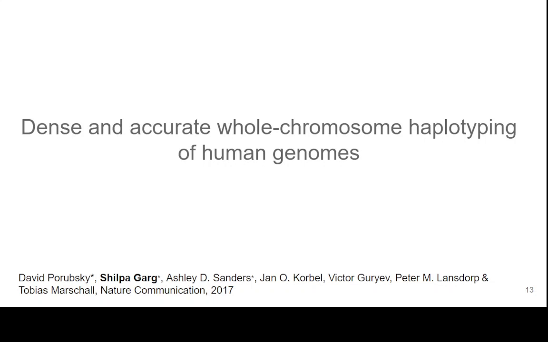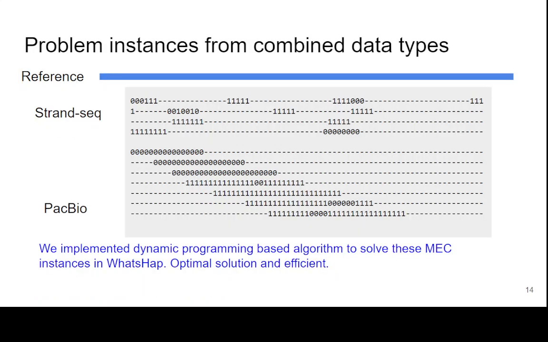So now the next question we ask is how can we get dense and whole chromosome haplotypes of different genomes when we have a reference genome. So imagine we have a reference genome and we align the reads from different technologies to the reference genome. First of all, we use Strand-seq technology.